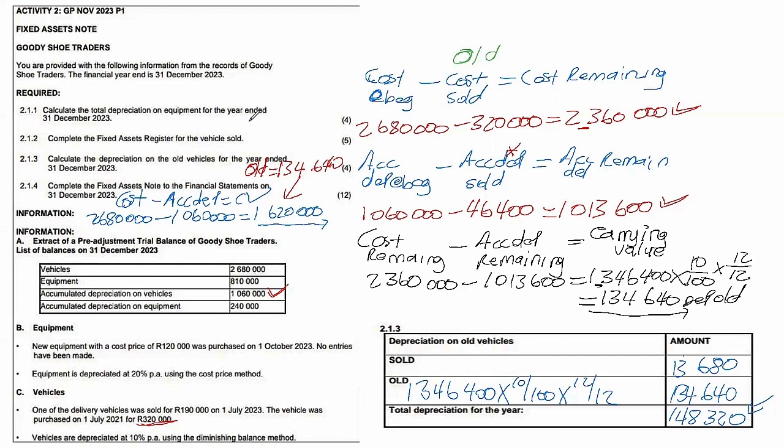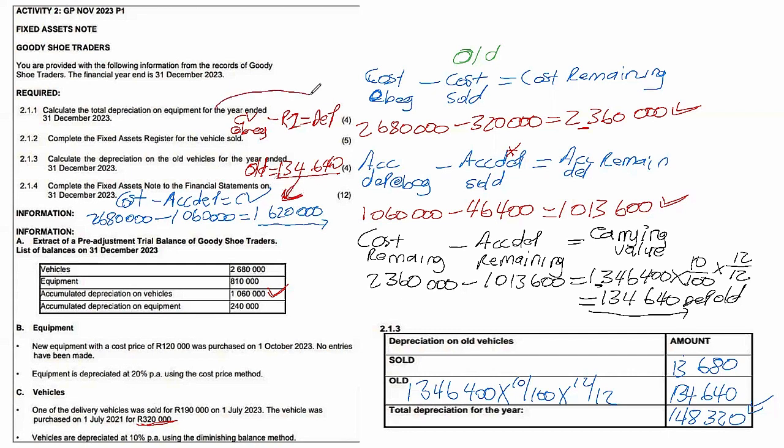So the formula for depreciation will now be carrying value at the beginning minus 1 rand equals your depreciation. That's how you determine whether there's residual value or not. Remember, to verify things, if your depreciation is higher than your carrying value at the beginning, guys, that means your assets are fully depreciated.